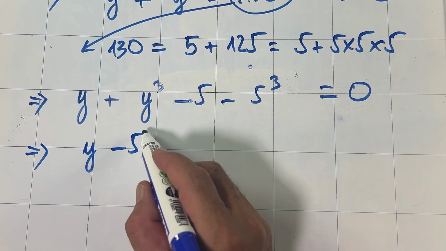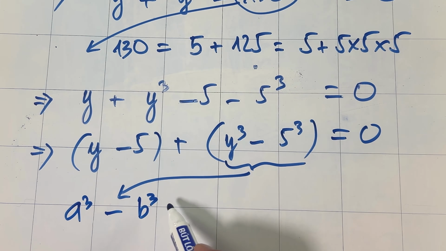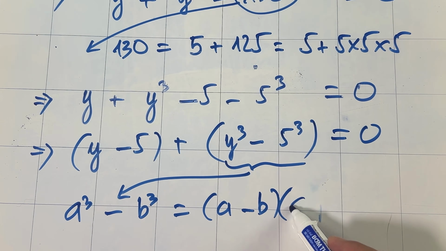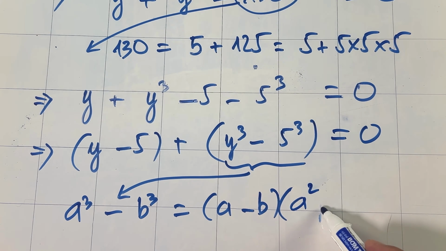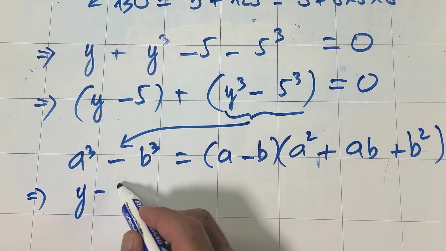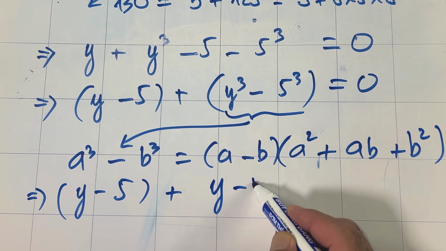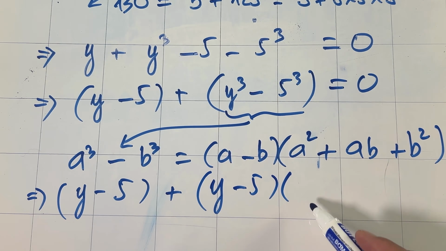We see that y to the power of 3 minus 5 to the power of 3 is in the form a to the power of 3 minus b to the power of 3, which equals a minus b times a squared plus a times b plus b squared. This leads to y minus 5 plus y minus 5 times y squared plus 5 times y plus 5 squared.